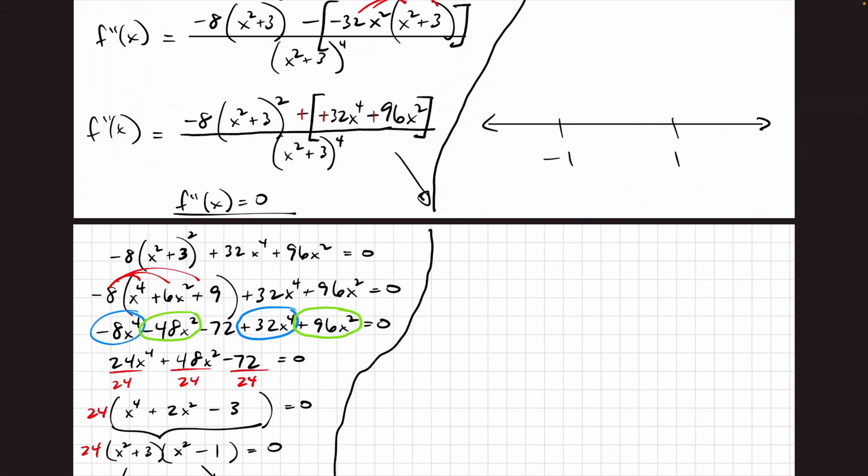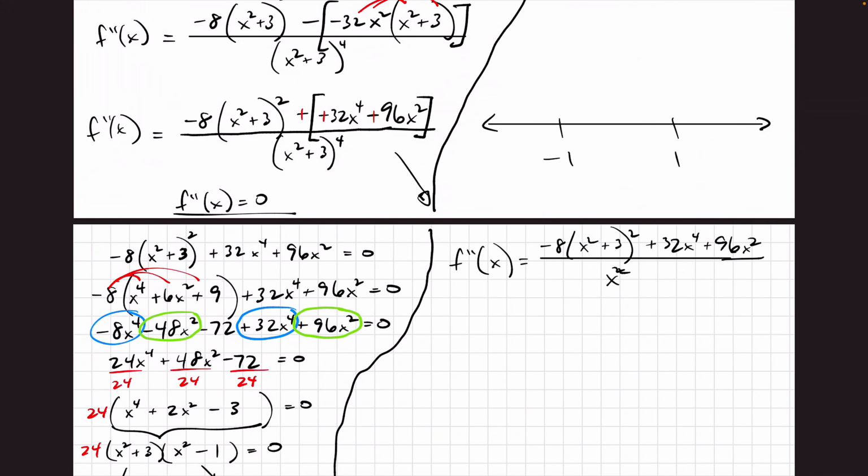Okay. So the second derivative, we hadn't seen it in a while, is minus 8. It's this monstrosity of a number right here.